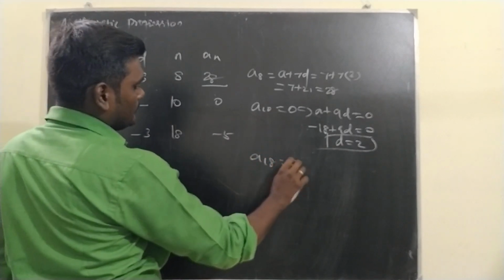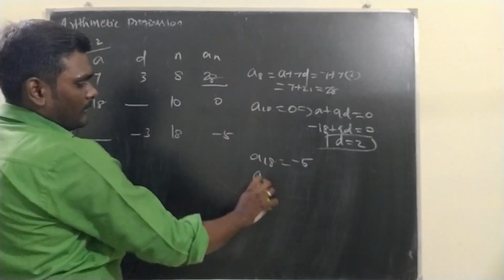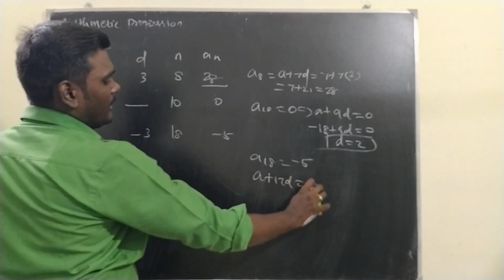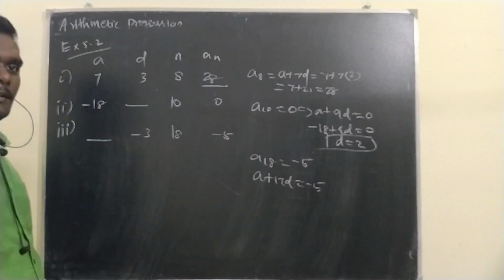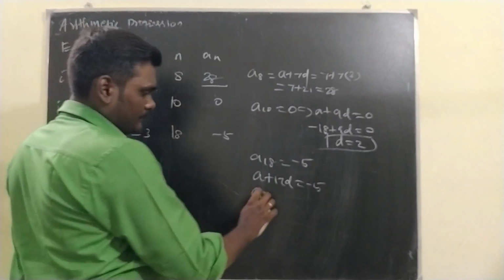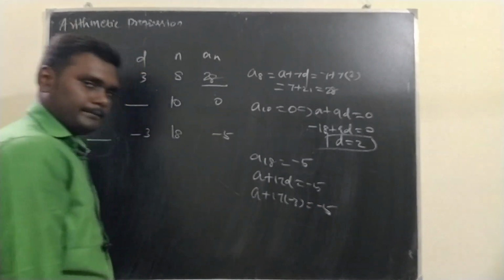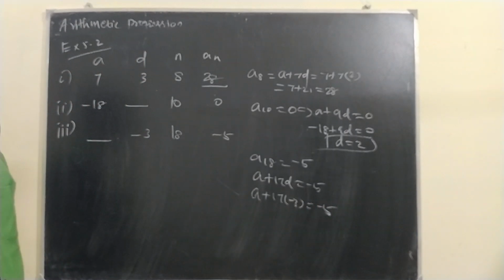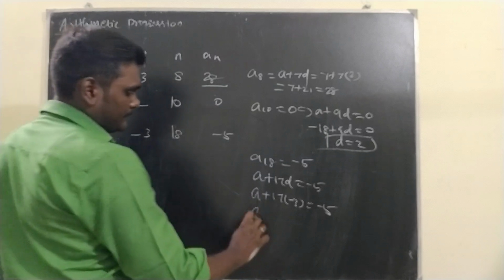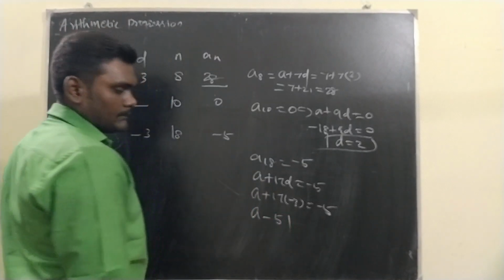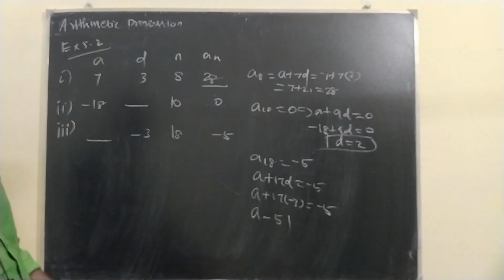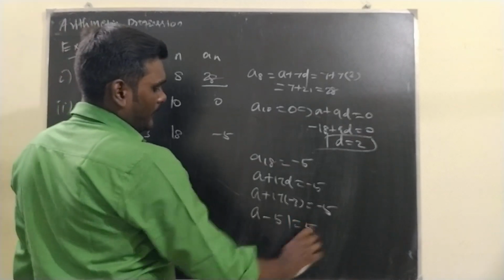A18 equals minus 5. So A plus 17D equals minus 5. A is hiding. We'll substitute this. 17 into minus 3 equals minus 51.